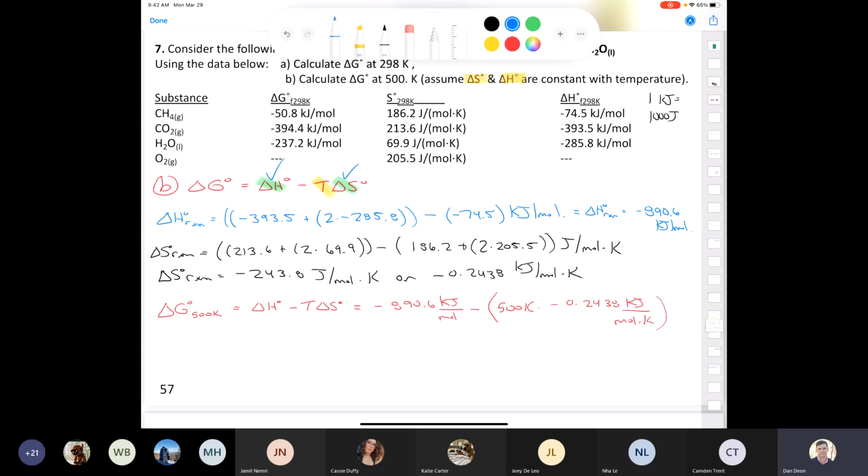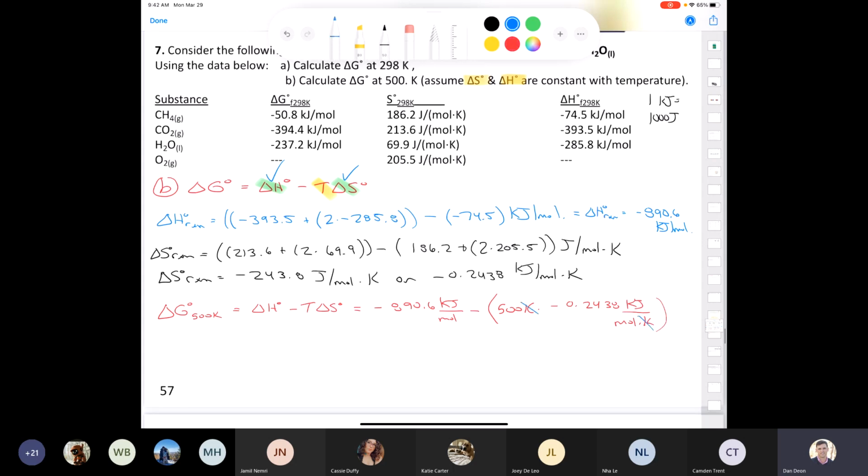Notice that the units cancel. And so when I simplify that, I end up with my delta G for my reaction at 500 Kelvin being equal to negative 769 kilojoules per mole, like that.